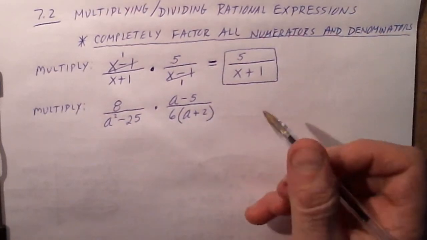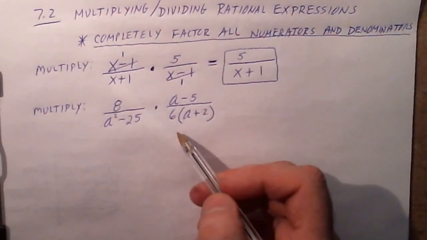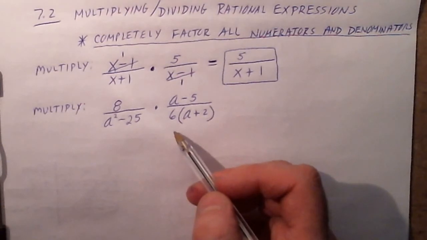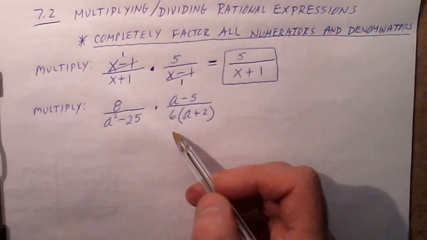All right, we're going to try to multiply these rational expressions together. And in order to be able to do that, first of all, we have to make sure that all of our numerators and denominators are completely factored.